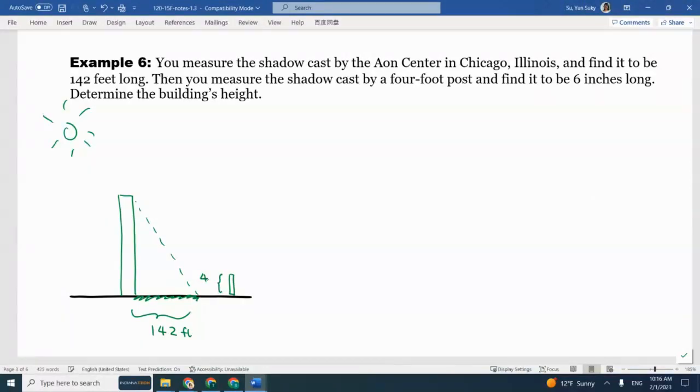So this is 4 feet, the pole, and we find the shadow is 6 inches long. How many inches in 1 foot? 12. Yes. So 6 inches is 1/2 foot. Right, everybody? We want to determine the building's height.